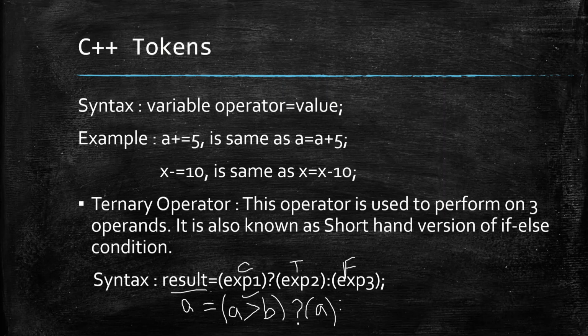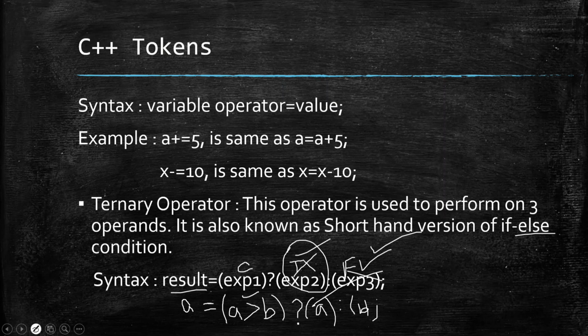Expression 2 indicates the true part, expression 3 indicates the false part. So if it is true, I'll display A, or else I'll say B, then semicolon. This itself is known as the shorthand version of if-else. If it is true, this condition will be executed and this would be omitted. If this is not true, then it will go to the false part.